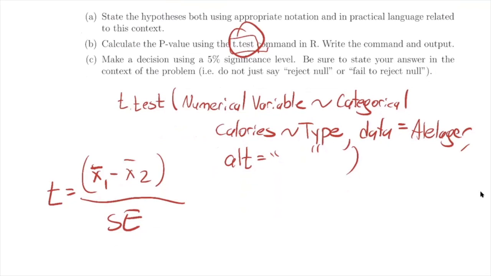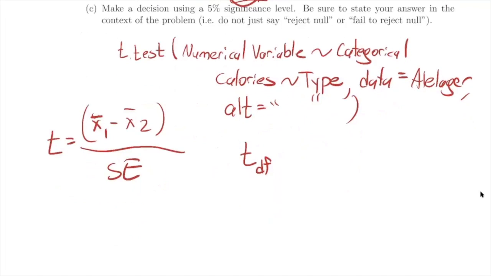And so you find the test statistic, and then you need to use a t-distribution to figure out the area in the tails beyond that test statistic. And the degrees of freedom here, there are different ways that people estimate that. When we were doing these by hand, we were just saying we take the smaller sample size and subtract 1.